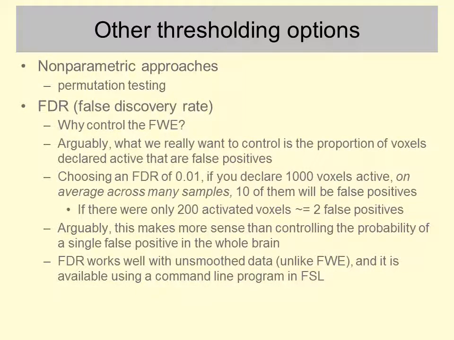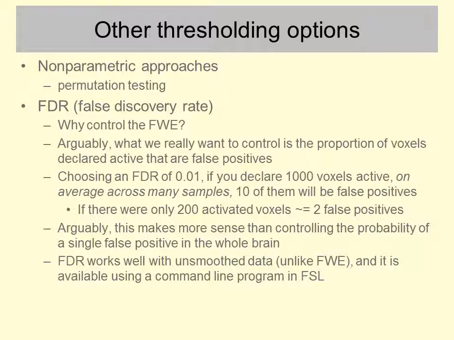Another option is to use the false discovery rate as the parameter that you control instead of controlling family-wise error rate. So remember, family-wise error rate is the probability of the full set of voxels containing one or more false positives. If we instead control the false discovery rate, we try to control the proportion of the voxels that are declared active which are falsely declared active.